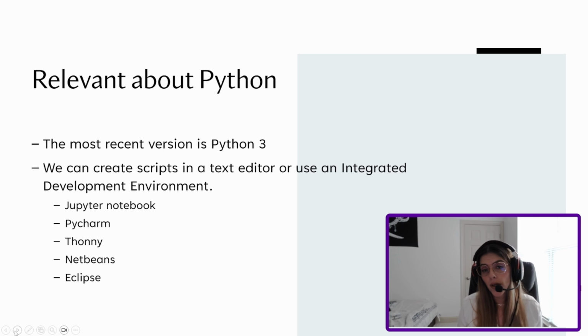But we can also use integrated development environments, for example, Jupyter Notebook, which in my case is my favorite because it's free. You can work with Anaconda and it works pretty well. There are also other options, for example, PyCharm, Thonny, NetBeans, Eclipse, etc. And there are a lot more. But in my opinion, my favorite one is Jupyter Notebook.